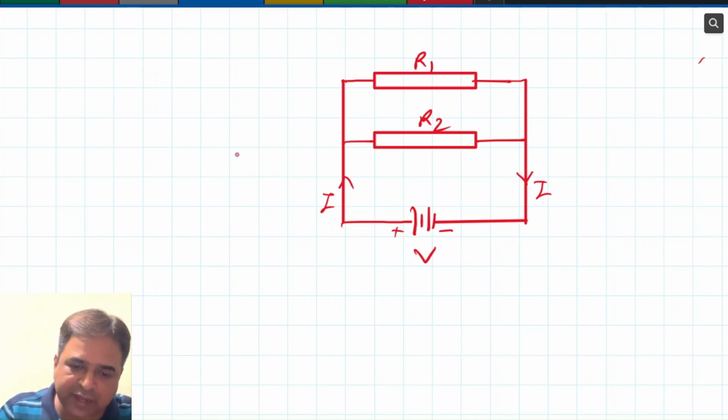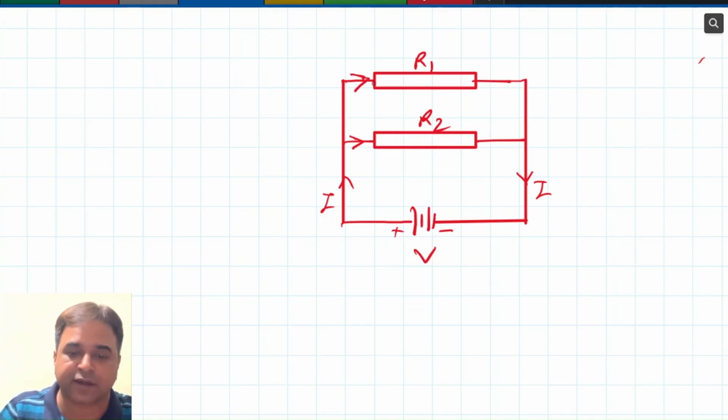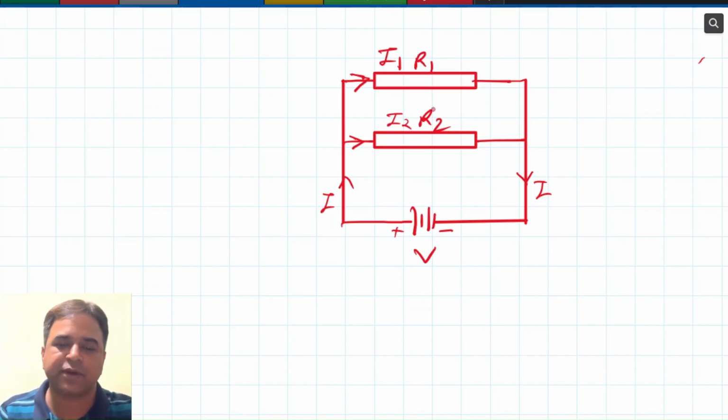But when it goes inside the circuit, for each resistor, it will have different electric current. For example, for R1, I am taking electric current I1. For R2, we are taking I2. But remember, potential difference is going to remain same in both the cases.